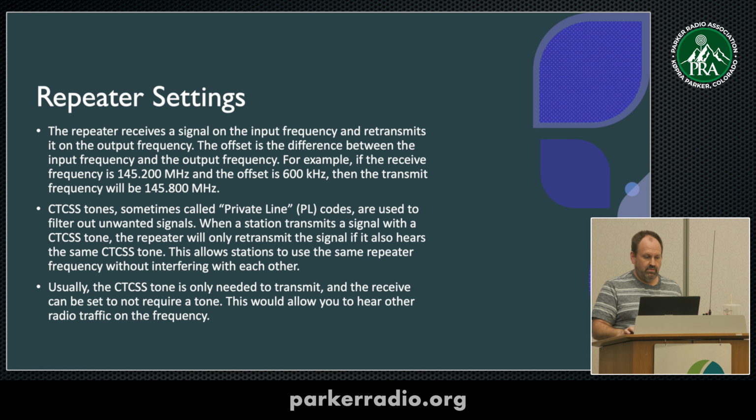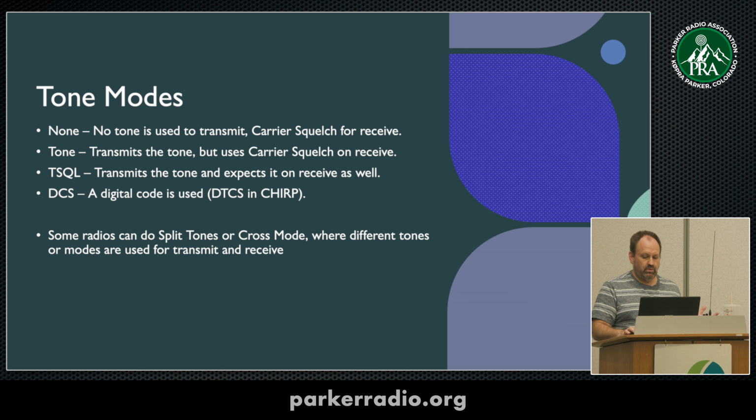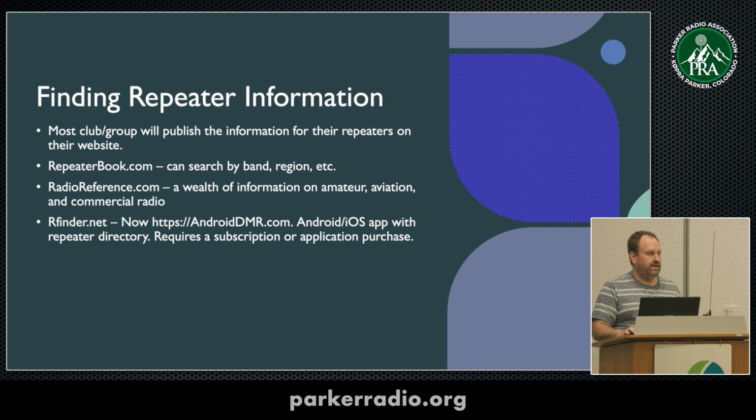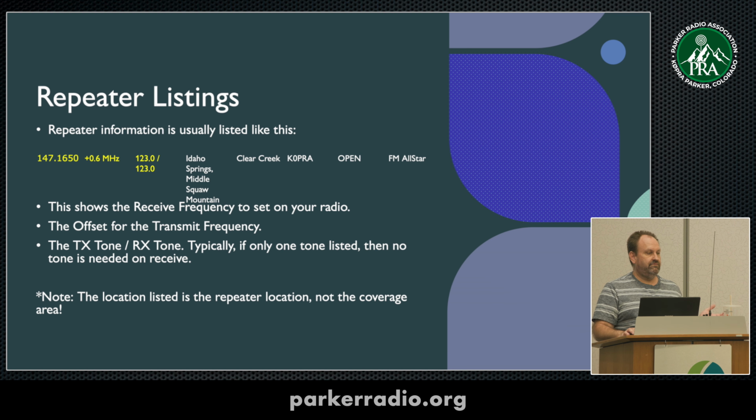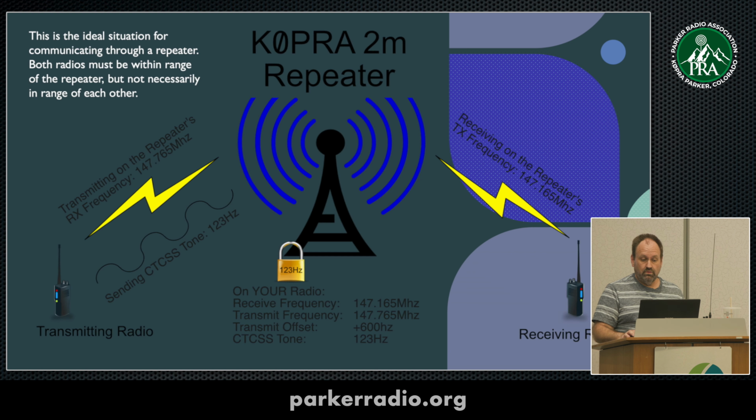We talked last time about setting up to talk to a repeater and the tone modes, and how you can use RepeaterBook and RadioReference to find frequencies for repeaters. We know that we're going to be focused on the receive frequency that you're going to set on your radio. We looked at how a repeater connected and rebroadcast. And I'm going to publish these slides, by the way. I'll get them posted on the website probably by the end of the week.